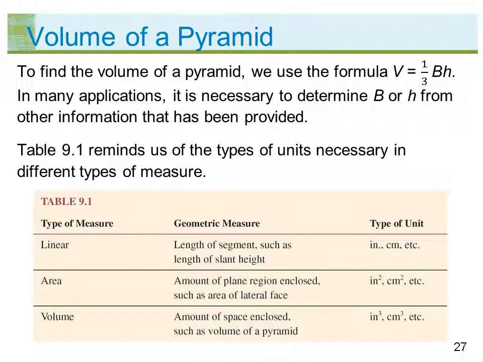Linear: length of a segment, such as length of slant height; inches, centimeters, etc. Area: amount of plane region enclosed, such as area of lateral face; inches squared, centimeters squared, etc. Volume: amount of space enclosed, such as volume of a pyramid; inches cubed, centimeters cubed, etc.